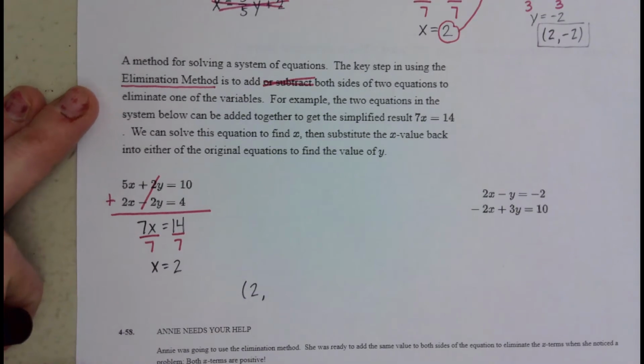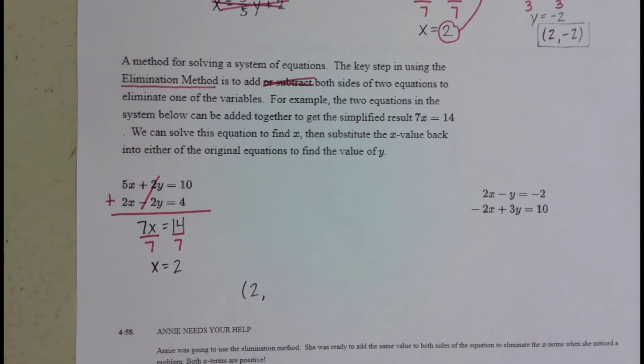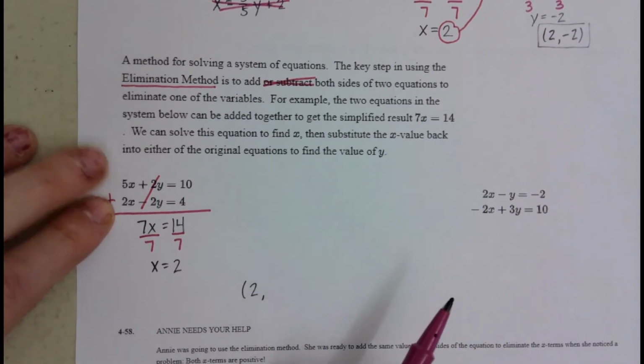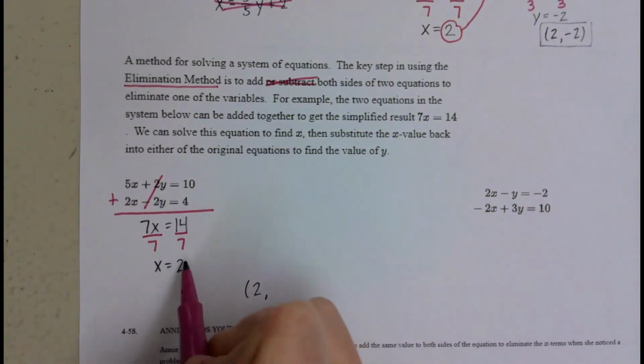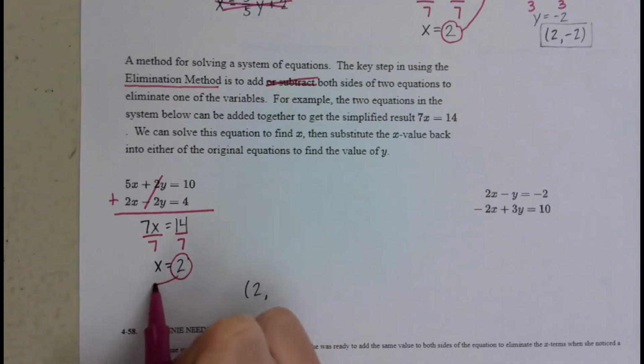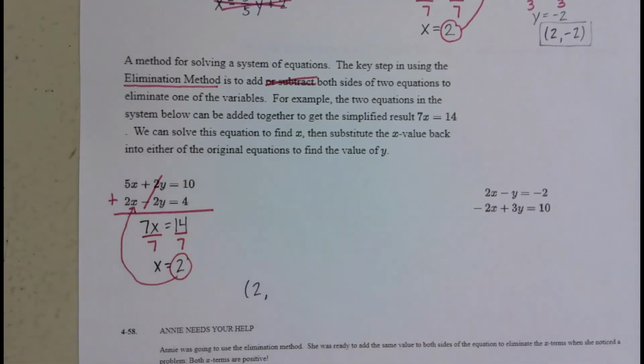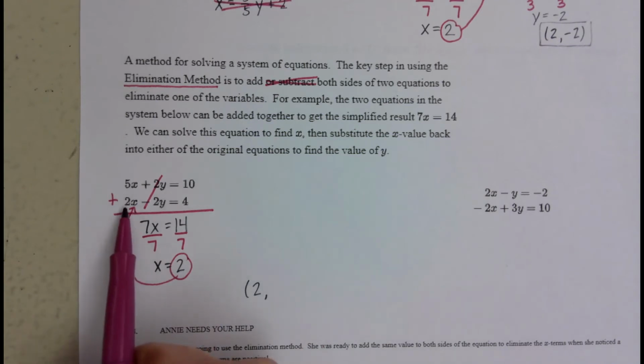Once again, it doesn't matter which one of the originals you plug the 2 into, but you got to plug it into one of the originals. I am going to plug this 2 into this x down here. Don't write out on your paper 2 times 2. You know what 2 times 2 is.